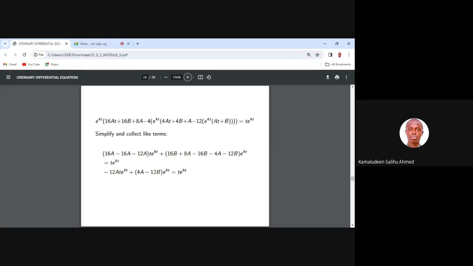Okay, so now we have, when you add up 16a minus 16a, they will be gone. You'll be left with only minus 12a, which is what you have here, t exponential 4t. Then plus, when you add up all what you're having inside this bracket, you'll be left with 4a minus 12b. Then what you're having outside, exponential 4t, is equal to the right hand side, which is t exponential 4t.